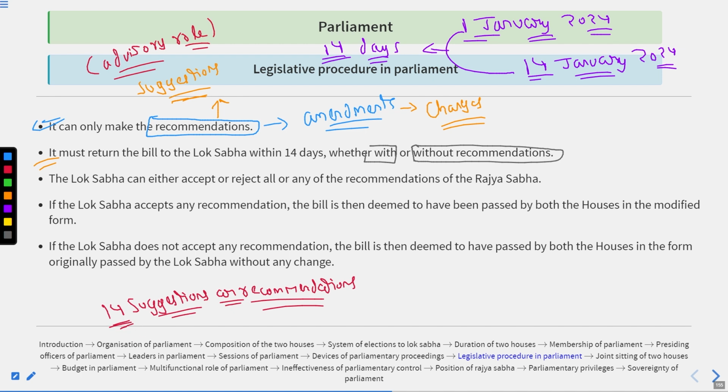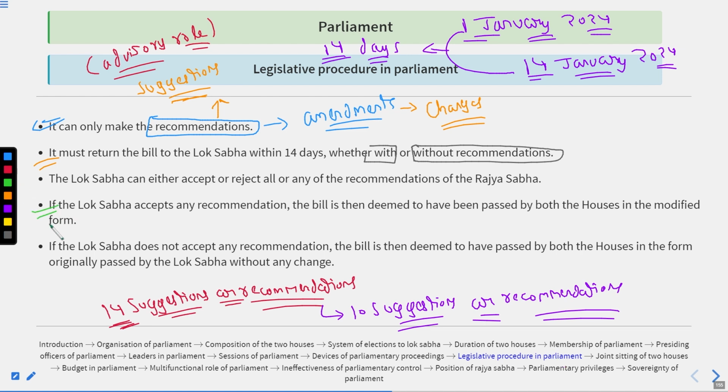Then it depends upon the Lok Sabha whether they want to reject all of these 14 suggestions, or for example, they reject 10 suggestions or recommendations. So the Lok Sabha has the power to wholly or partially reject its recommendations.